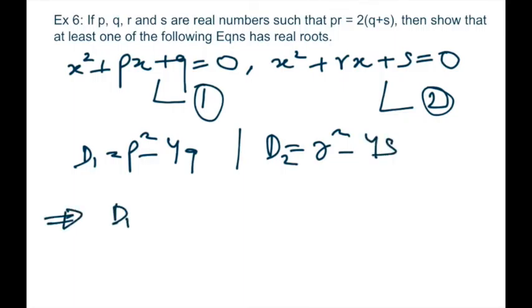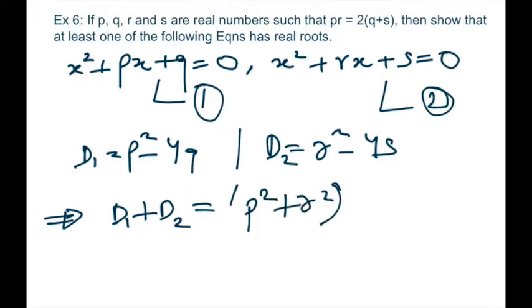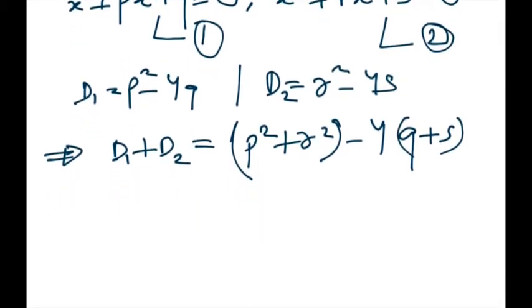Let's add d1 and d2, which is nothing but p square plus r square minus 4 times q plus s, right?